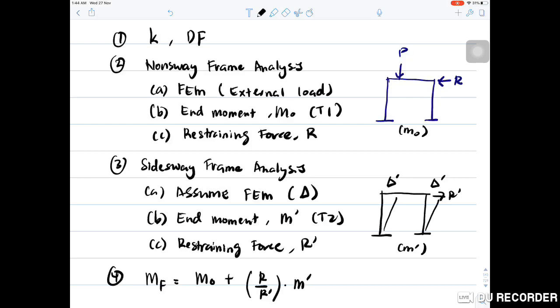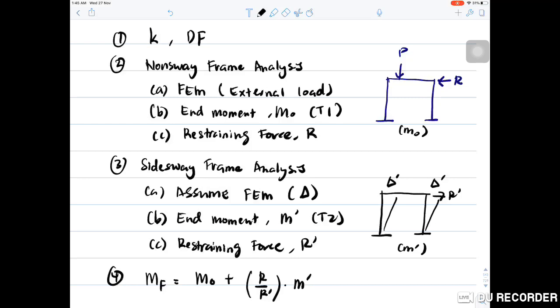Okay, there are 2 tables. Table 1 is for the non-sway frame, table 2 is for the sidesway frame. So the difference in these tables is only due to FEM, because FEM for table 1 is due to external loading only, and FEM in table 2 is due to delta only.